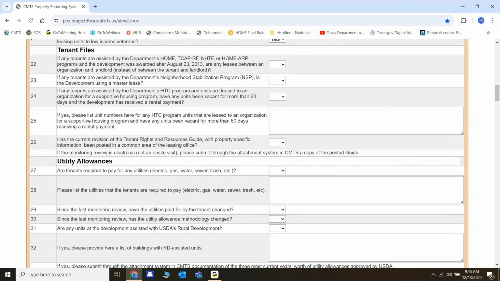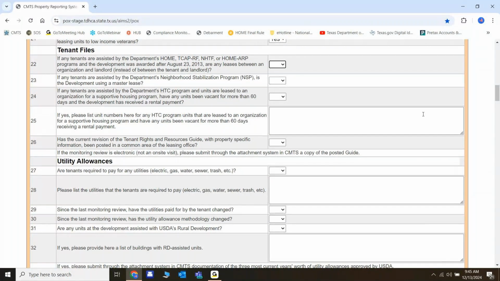There are a lot of programs where organizations come in and say, I've got tenants, I want to put them in here, and they want to be a part of that lease. So the answer is either yes or no. If you do not have this program, just leave it blank.